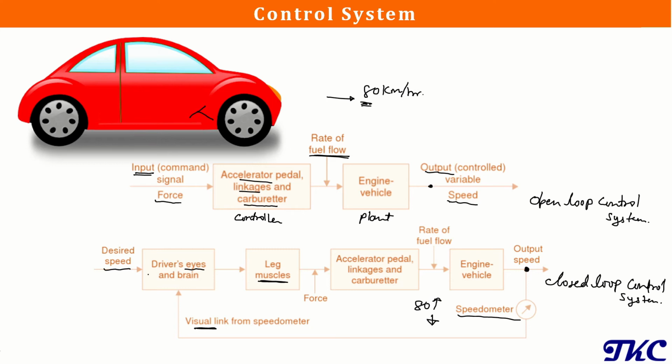Based on the difference, the leg applies more or less force to the accelerator pedal according to the requirement. Based on this, we get the rate of fuel flow to the engine, which is the plant here, and it gives us the required speed that we can again monitor with the help of the speedometer.